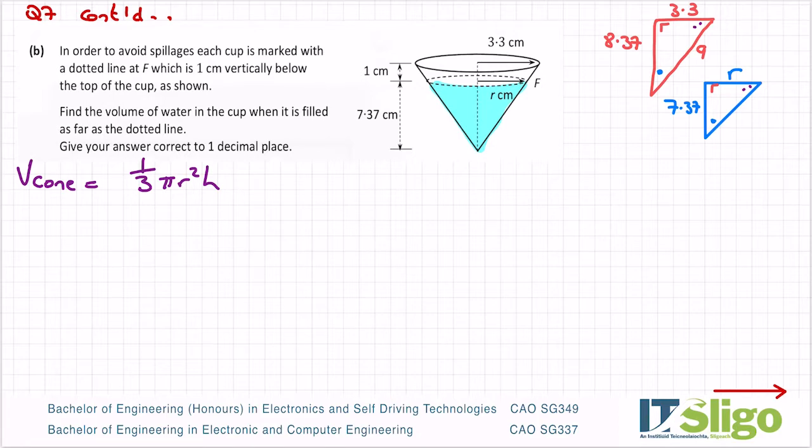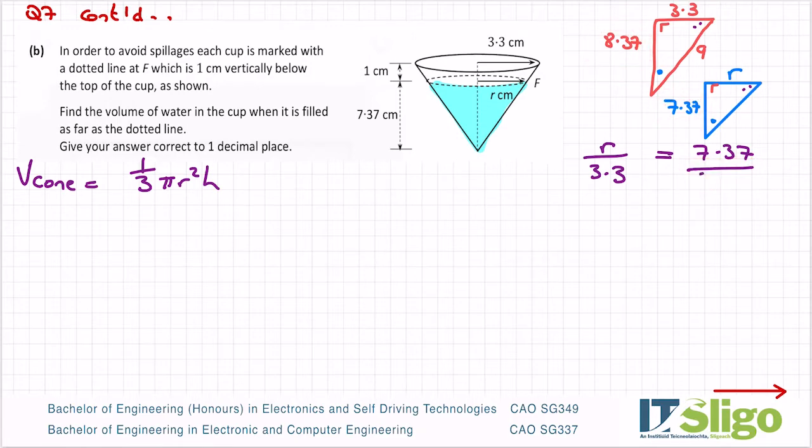Well, you take the sides that are similar to each other together. So in other words, my radius over the radius of the other triangle, and I did this triangle first, so he has to be on top all of the time, will be equal to 7.37, and the side that corresponds to that is 8.37.